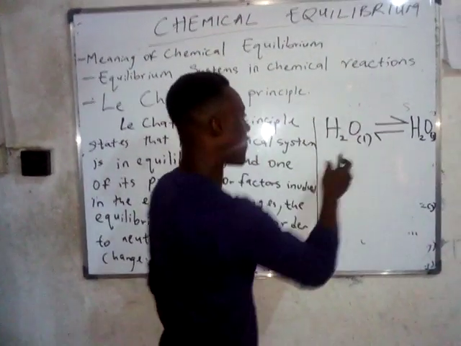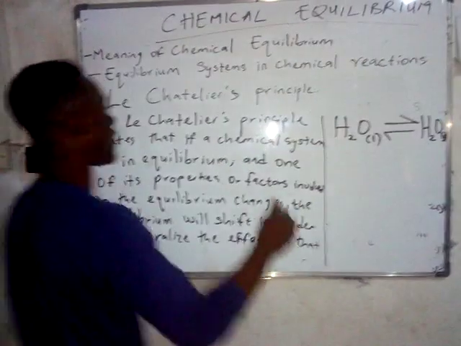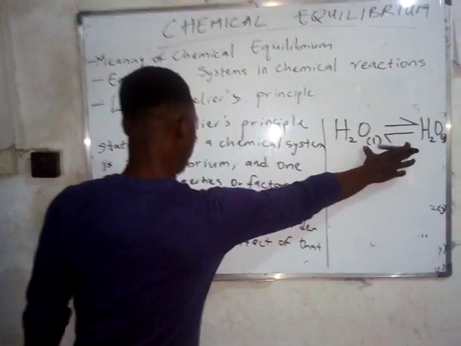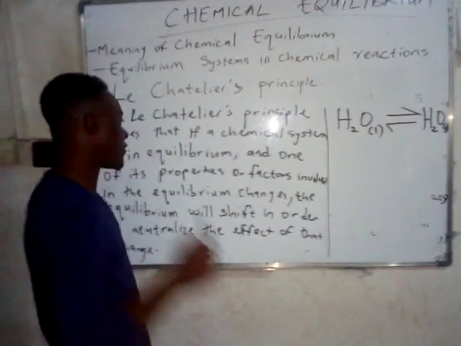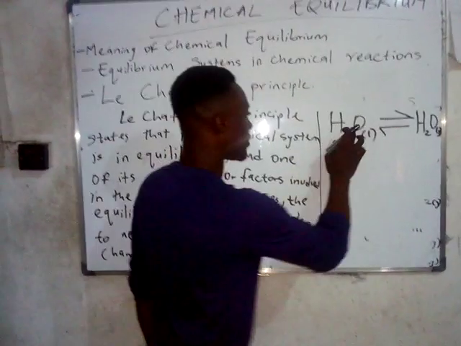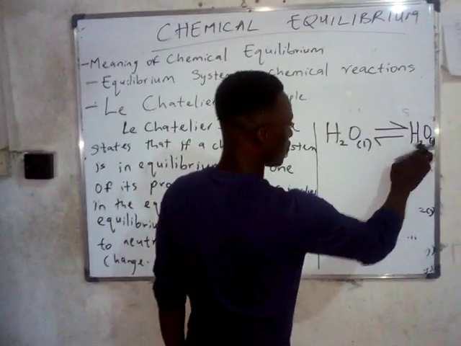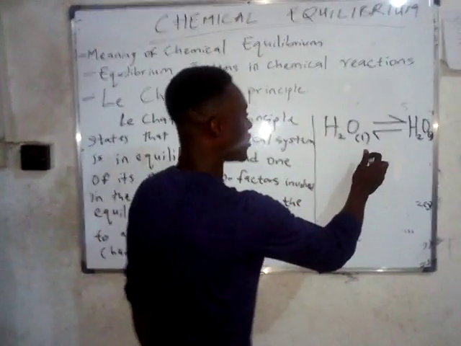You have altered the temperature of this equilibrium reaction. And since you have altered the temperature, another factor will have to change in order for this to remain in equilibrium. So since you have altered the temperature, in trying to convert this to gas, the equilibrium position is going to change.